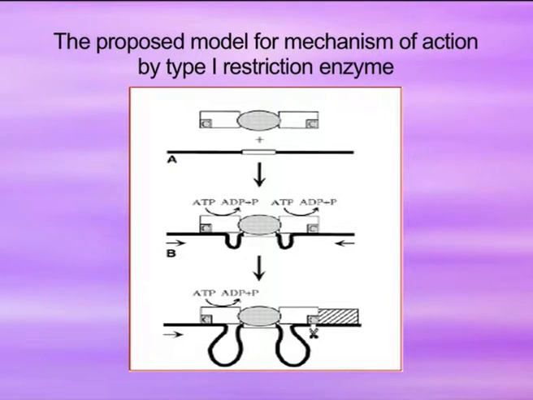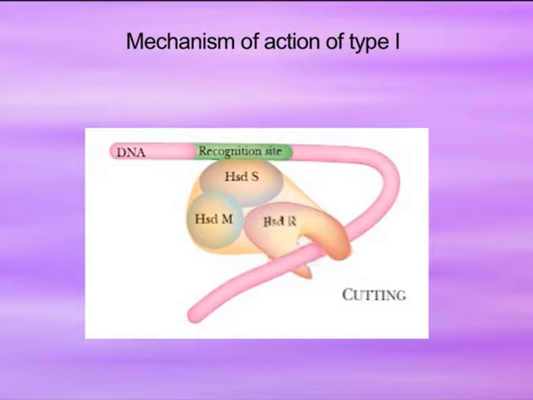The DNA cleavage occurs at a point when there is a collision with another type 1 restriction enzyme coming from another site or with an unusual DNA structure. The type 1 restriction enzyme is able to cleave the DNA only after a certain number of base pairs, or only after 1000 base pairs from the recognition site. So the exact location of cleavage of type 1 restriction enzyme cannot be certain.